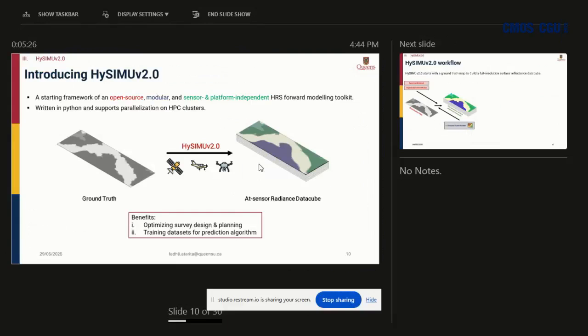So basically what the sensor sees from an altitude. The benefits of this are 1, to optimize survey design and planning, and 2, because HiSimu can generate synthetic datasets, those datasets with varying parameters can be used as training datasets for prediction algorithms, as we will see a bit later in the presentation.